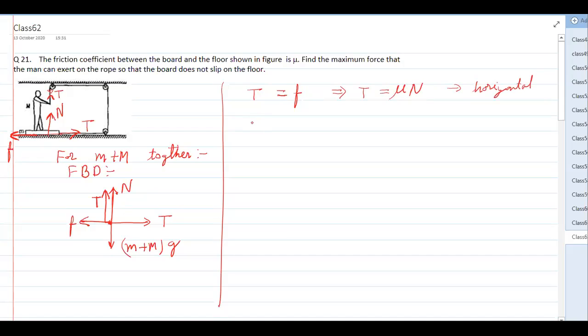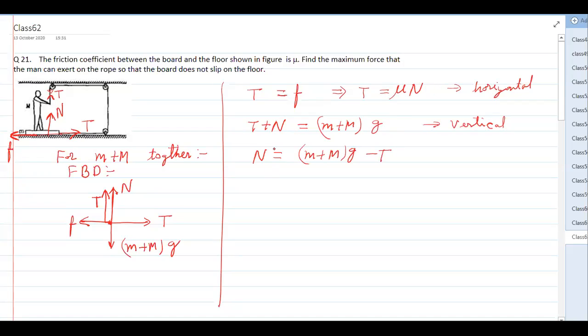Along the vertical, we can write T plus normal upward, and downward is small m plus capital M times g. That is vertical. Okay. So how much is normal? Normal is small m plus capital M times g minus T. So this has to be put in the first equation.